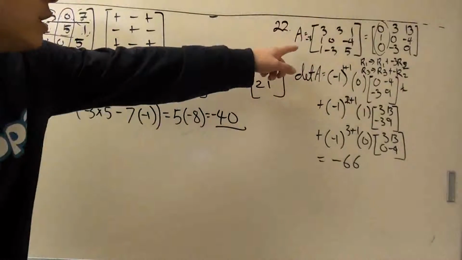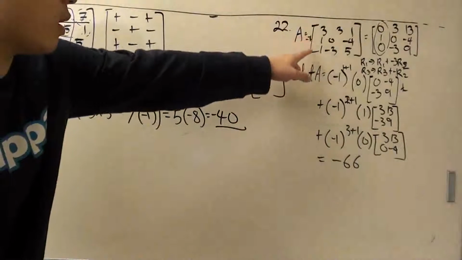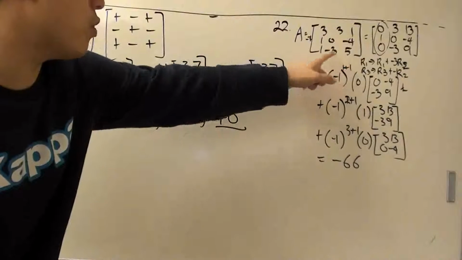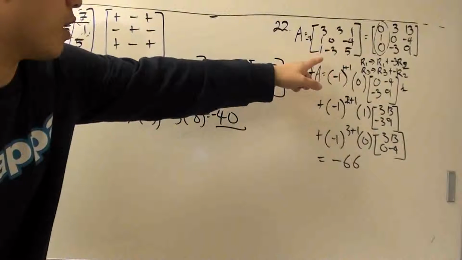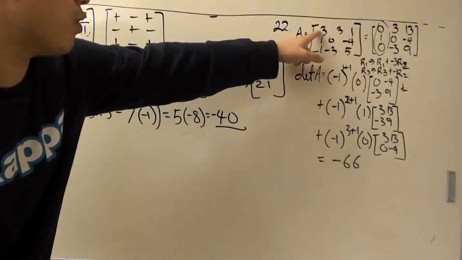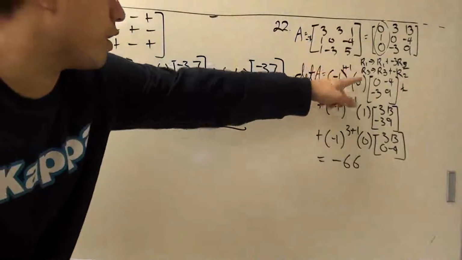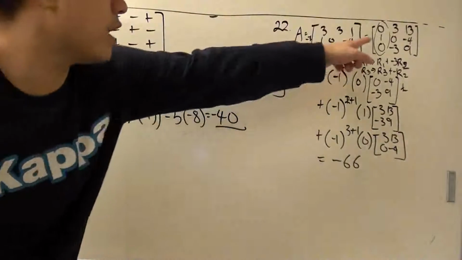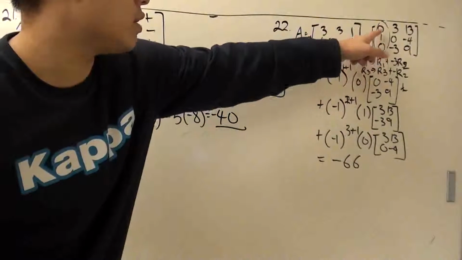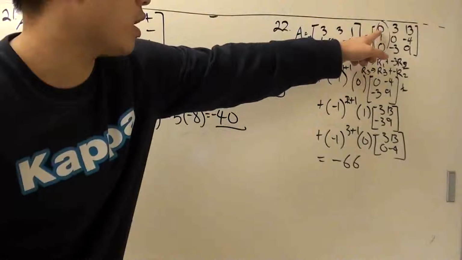What I did here, I explained: I used row 2 to get rid of the leading coefficient for row 1 and row 3, as shown over here. If I do that, then I get this, and from this I'll use this column and this is how I will start calculating the determinant.